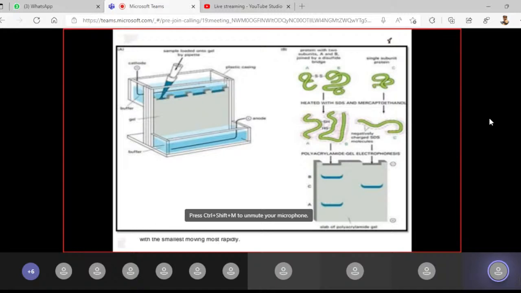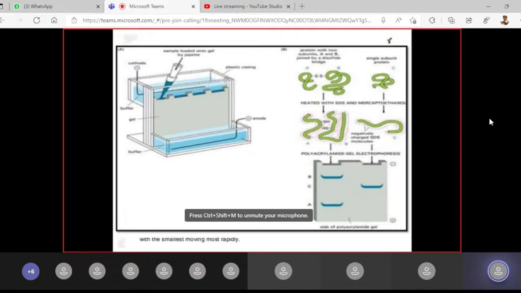But in case of native page, you can run the enzyme, which is a protein, add substrate to that and see if it is reacting, and you can check whether enzyme activity is there or not. So we say that native page is also used for checking the enzyme activity, which we say as in-gel enzyme assay.